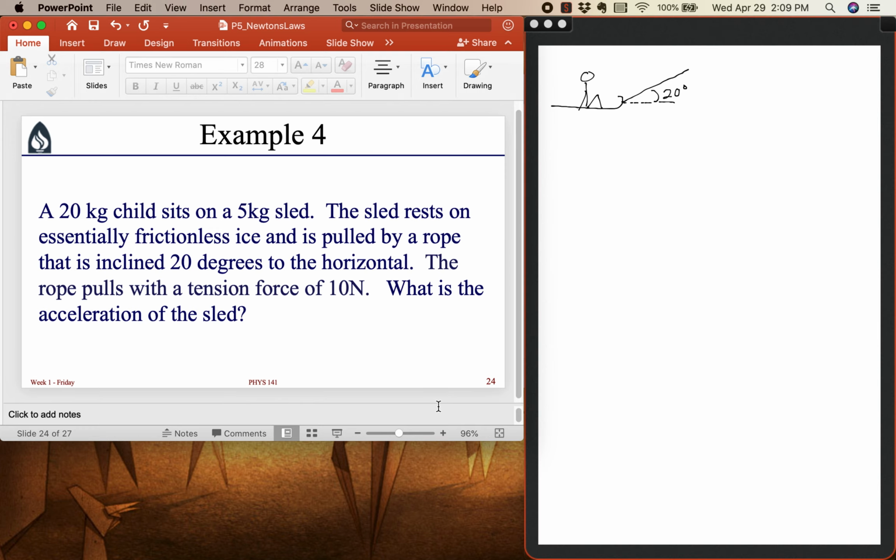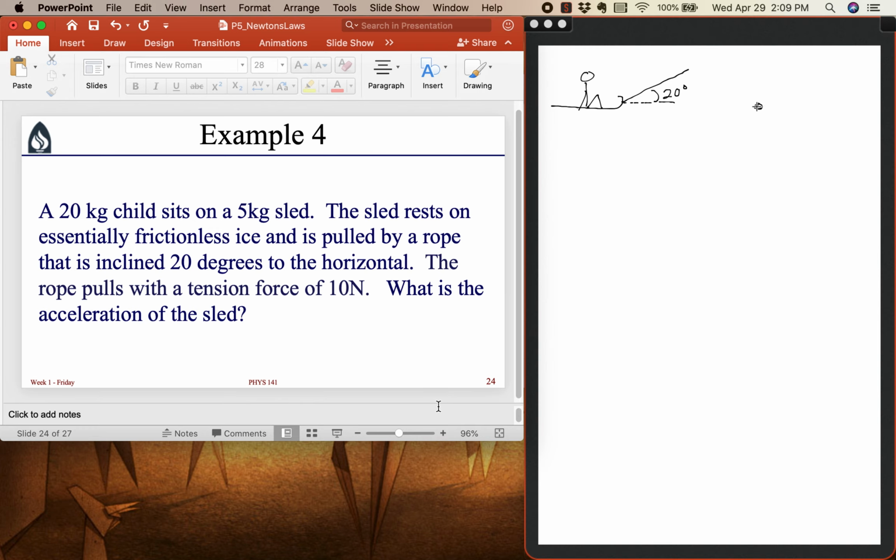So the next step then would be to draw a free body diagram showing the forces acting on the object. The object in this case is the child plus the sled. So if I draw my free body diagram, it's going to look something like this.